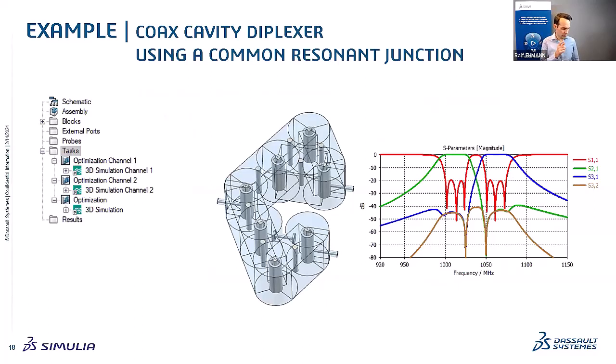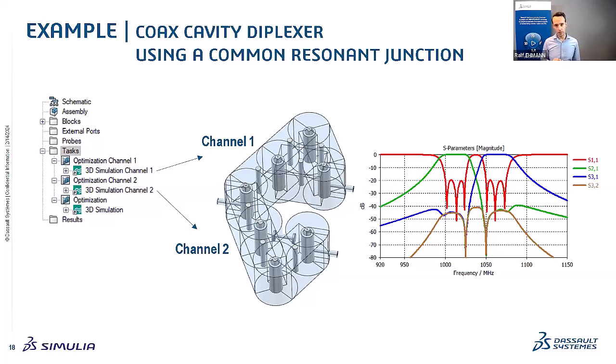We don't have a component yet for the star junctions, but nevertheless, this whole workflow can be applied in this case, and you can see this model. You can see these tasks created per channel, so you can actually optimize each of these in isolation if needed, if it's a bit too tough, and then do the final optimization, or just everything together. This is quite a simple one, and we're able to get a good response there.